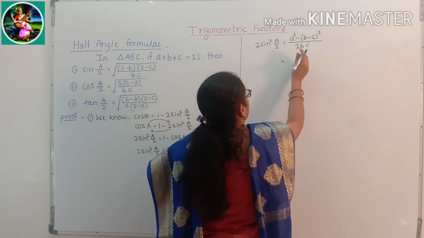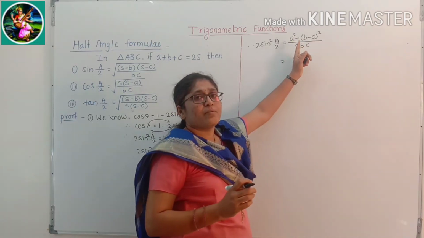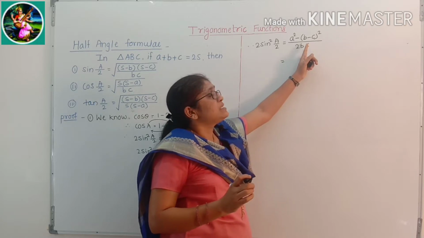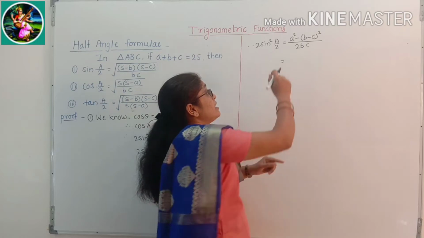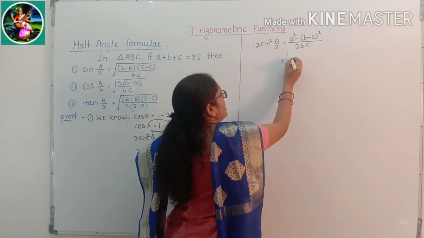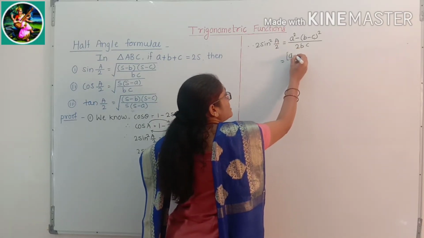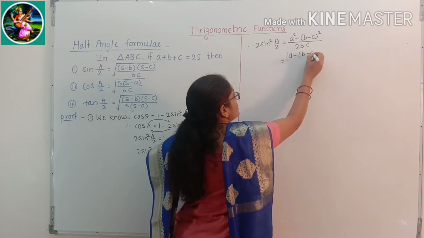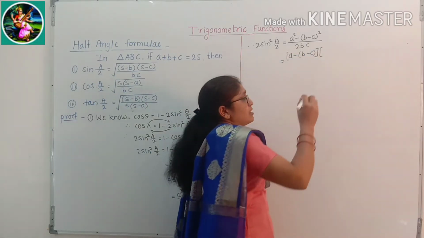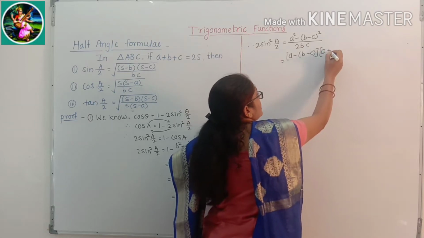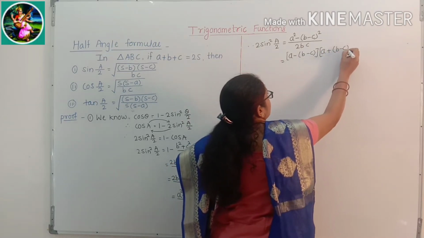Now we use the formula a square minus b square equals (a minus b)(a plus b). Therefore we write the first term as a minus (b minus c), and the second term as a plus (b minus c).